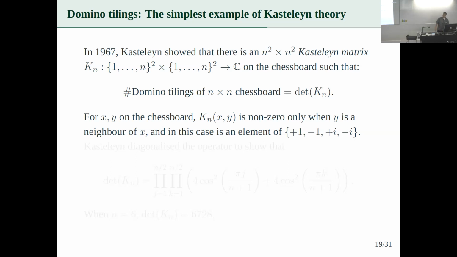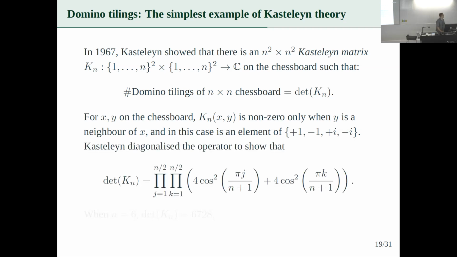So the value of this, of course, is fairly non-explicit at this stage, but we can now appeal to linear algebra to compute this determinant explicitly. We can find eigenvectors, eigenvalues, and since the determinant of an operator is the product of its eigenvalues, we can write this number of domino tilings as a determinant and in turn as a product.